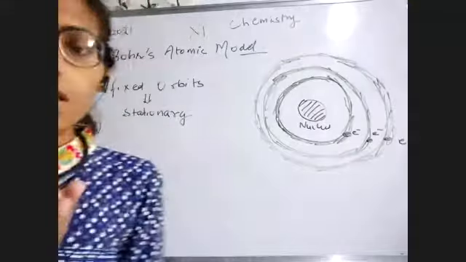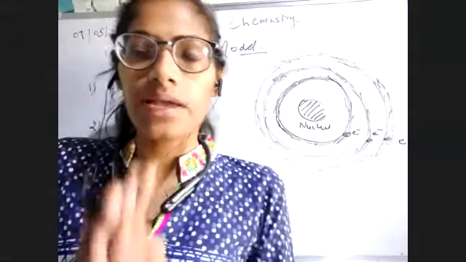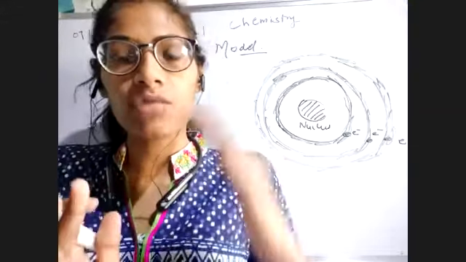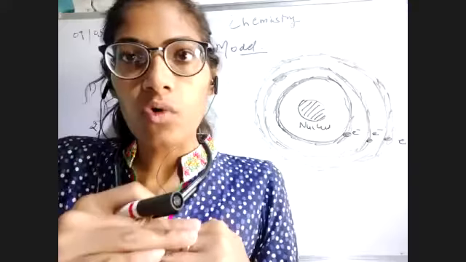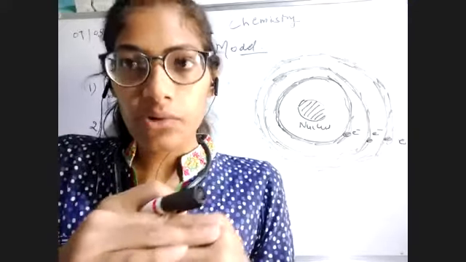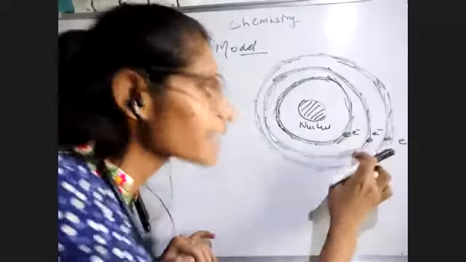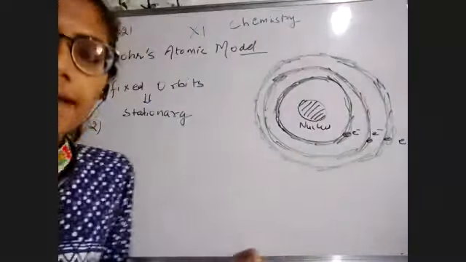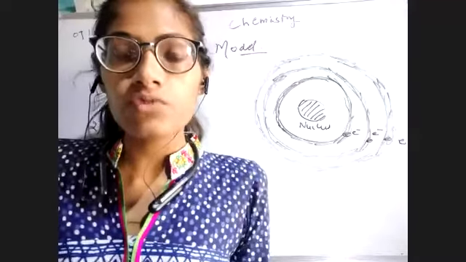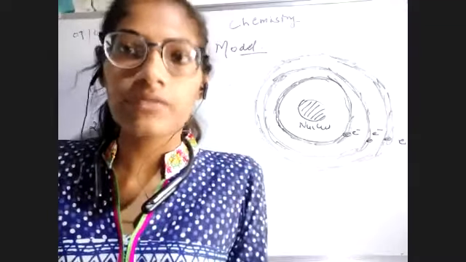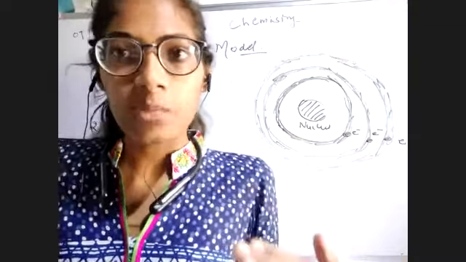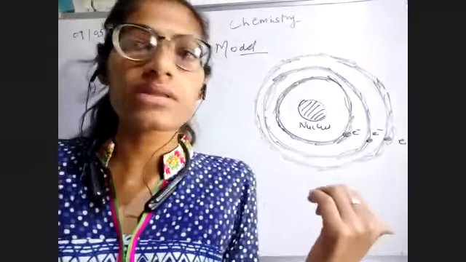So if I am radiating our electrons with somewhat energy, the electrons can jump from this state to the higher state. So he explained the same concept which we have described in the previous class, in the line spectra.